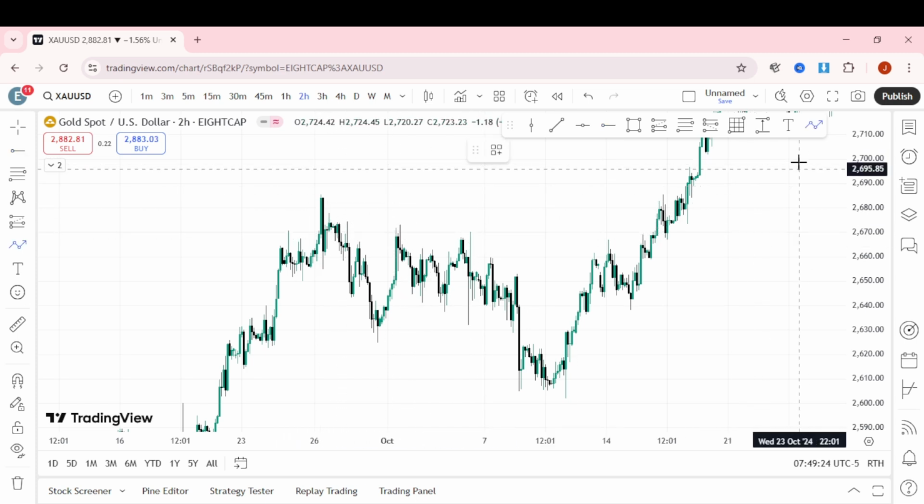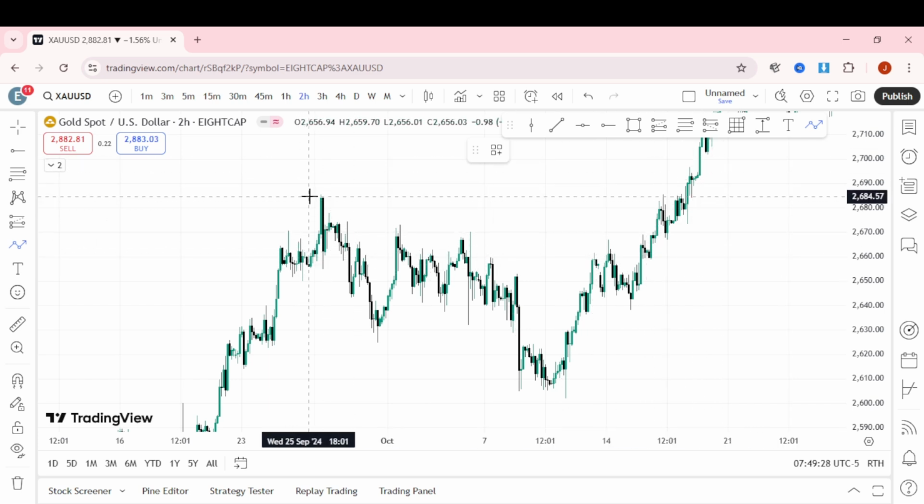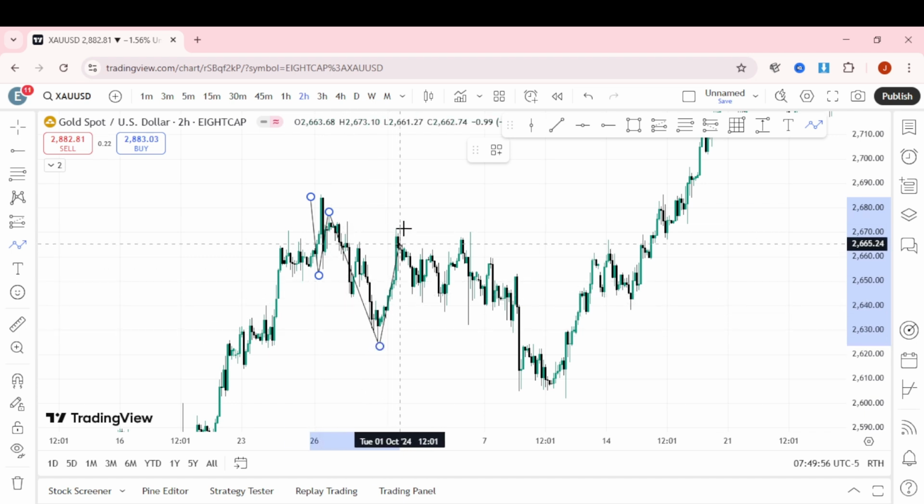But if you are someone who truly understands how ICT works, you understand the reason why I only drew 2 eyes, because price came all the way from this high all the way down. I cannot include this high because it's inside this range. So price has to break this low in order to become a valid high. So price came all the way down, then price went up.